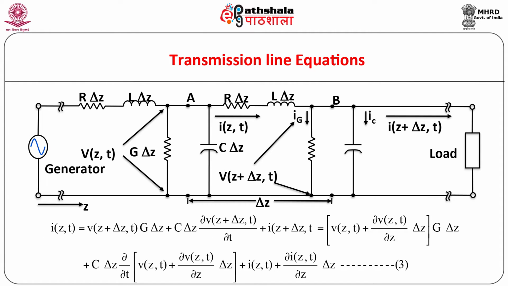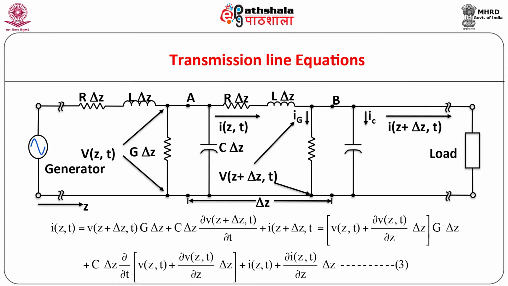Let us apply Kirchhoff's current law to the node B of the line. Summation of the currents at B gives I(Z,t) equal to IG plus IC plus I at Z plus delta Z,t.